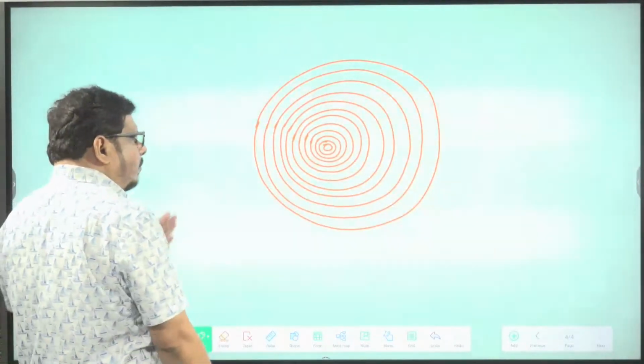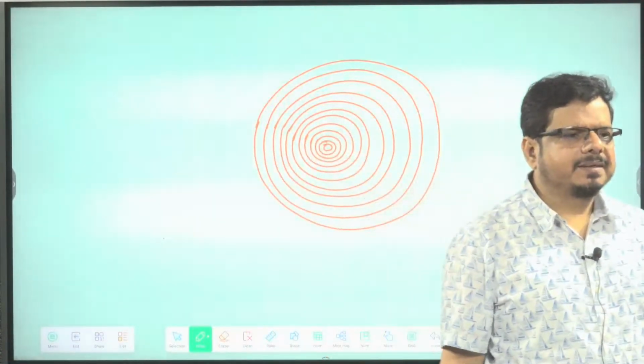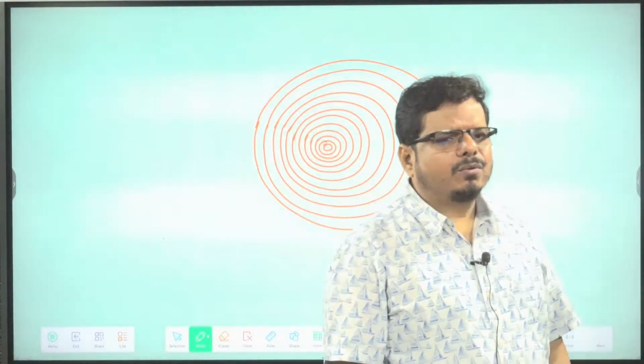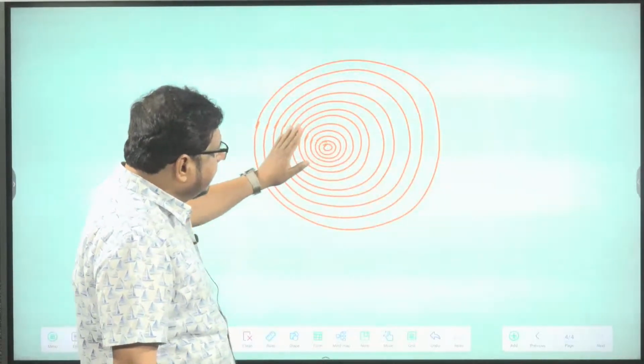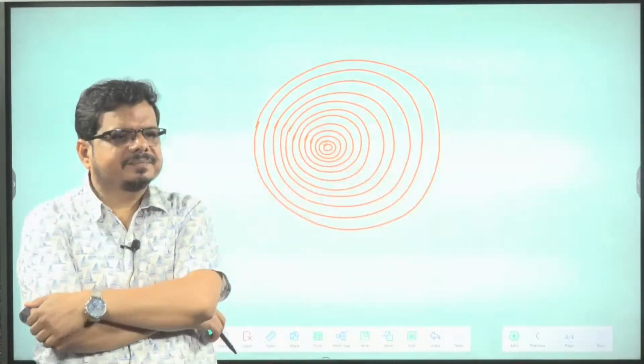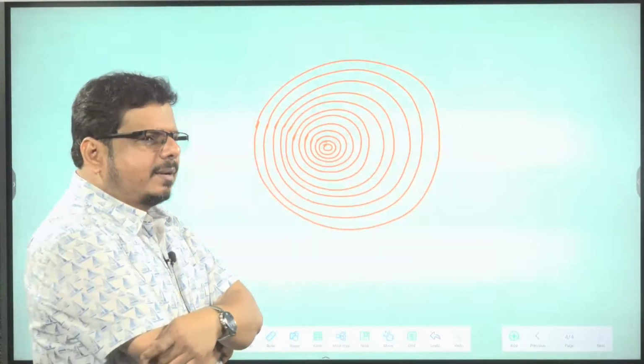So when you cut the transverse section of a stem, especially of plants growing in which season? Temperate season, you find such ring-like structures present.